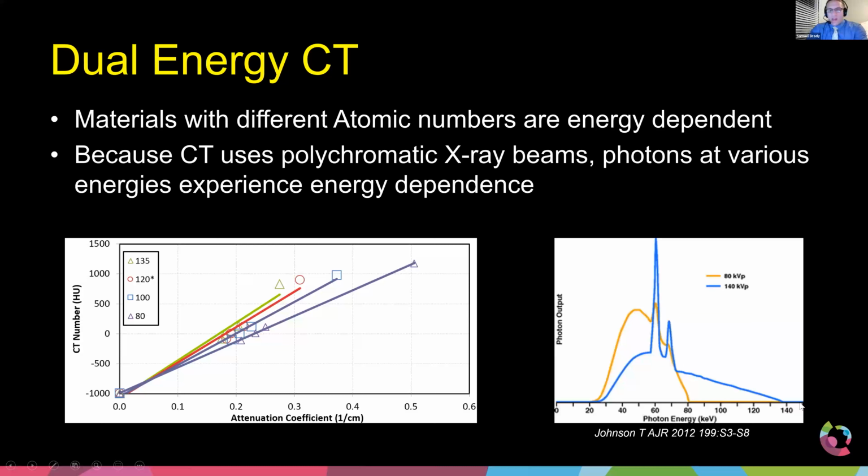And all of that is because we image with a polychromatic Bremsstrahlung radiation. Therefore, all of the X-rays exiting the X-ray tube have a very wide spectrum of energies, all the way from high energy down to low energy. We're not using monochromatic or a single vertical line, but polychromatic. And so therefore, each of these photons will interact with our body slightly differently.